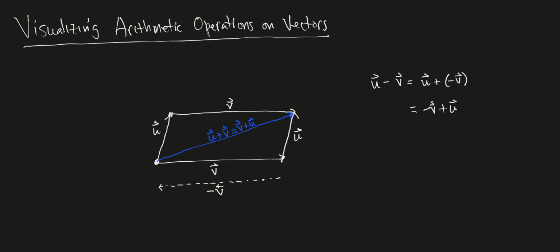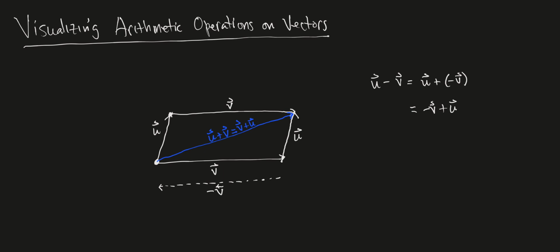So if I put it all together, it looks like u minus v, which is the same as negative v plus u, I can represent on my same parallelogram. In fact, it would be the vector that starts here and ends here. So it's like the other diagonal. The u plus v is one diagonal vector, and the other one is u minus v.